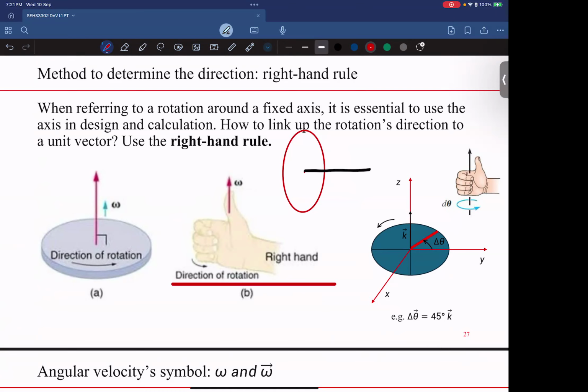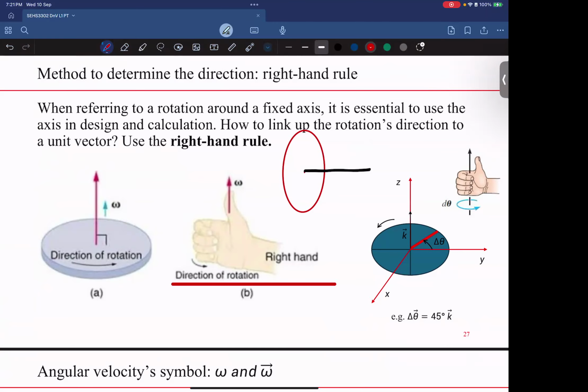Assume we have a wheel, and there are some circles on it, and this is the wheel's shaft, the center.